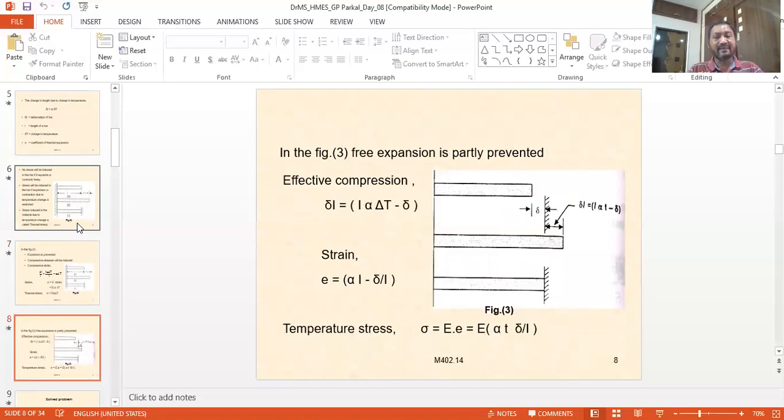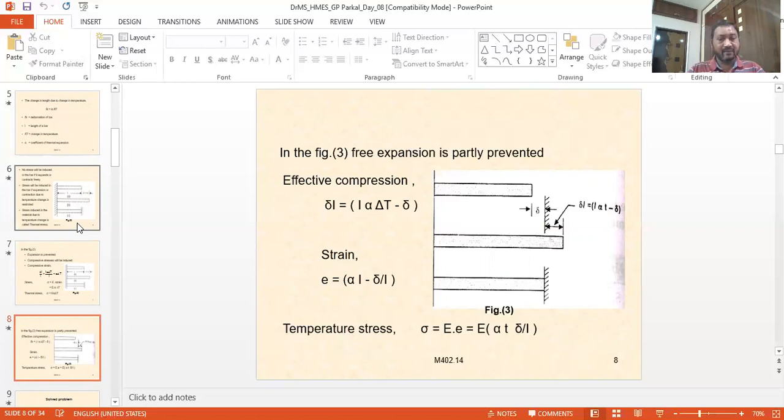For example, in this case, the expansion of the bar is allowed to some extent. It is not fully prevented. The free expansion is not fully prevented, whereas the free expansion is allowed to some extent, to the amount of delta, and after that the expansion is prevented.